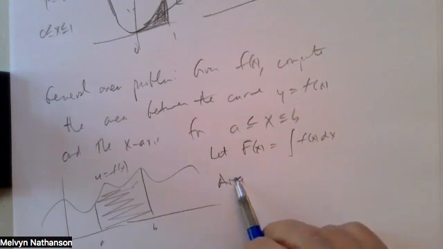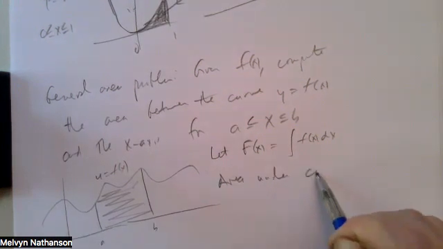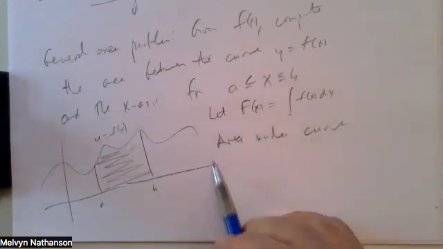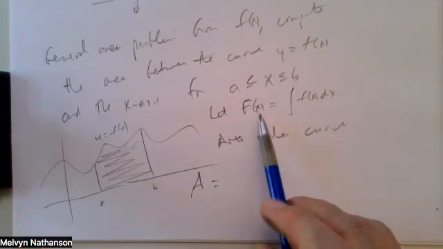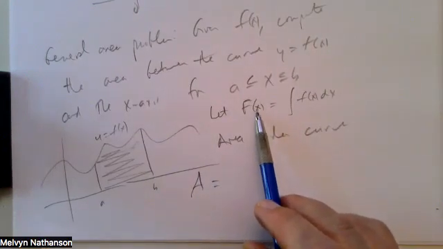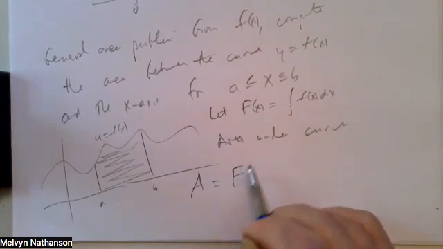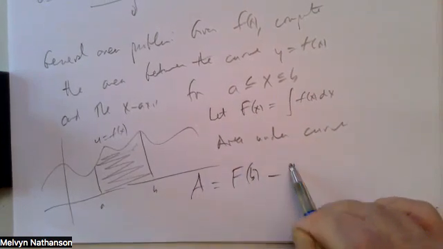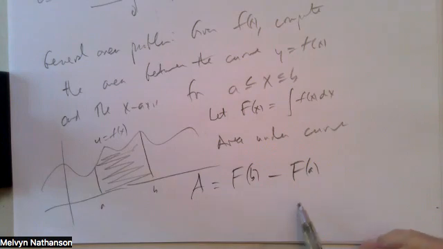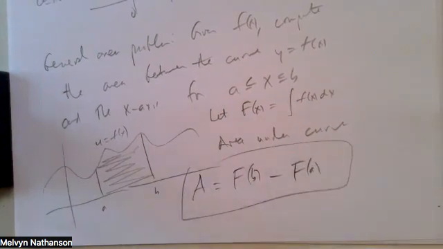Then this area under the curve is going to be this antiderivative evaluated at b minus the antiderivative evaluated at a. That's like this amazing formula that connects a completely new problem, area under a curve, with what we've been talking about in different contexts, derivatives and antiderivatives.